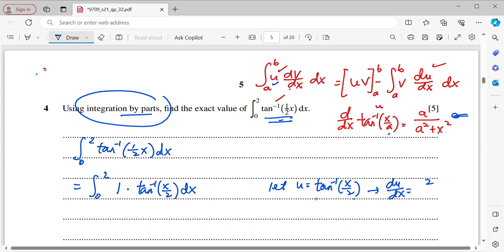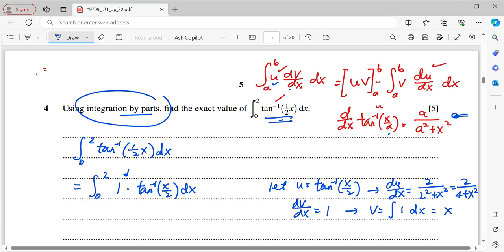Therefore, I will be getting 2 over 2 squared plus x squared. And at last, you will be getting 2 over 4 plus x squared. That is my du dx. Now, then the dv dx will be 1. Okay, this is the 1. Then your v is to integrate 1 dx. That means you'll be getting x.